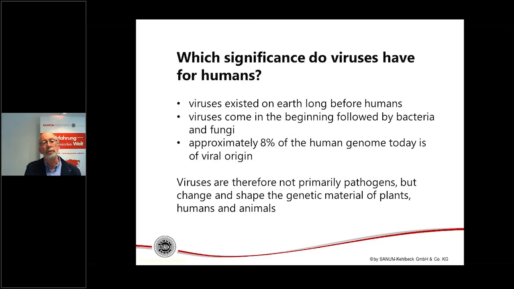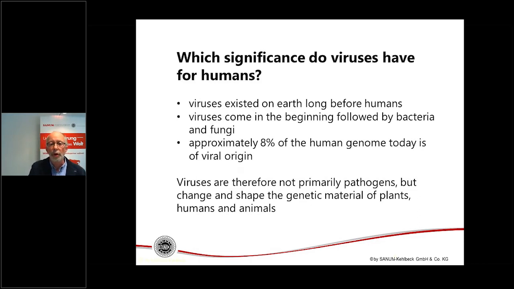Which significance do viruses have for humans? Viruses existed on Earth long before humans. If we look at the evolution of life on Earth as a 10-meter-long timeline, then viruses come in the beginning, followed by bacteria and fungi. Today's human develops in the last centimeters at the end of the timeline.